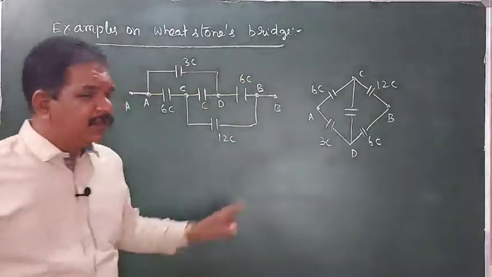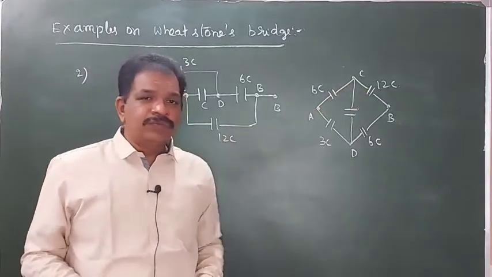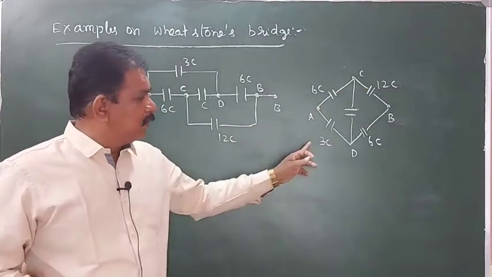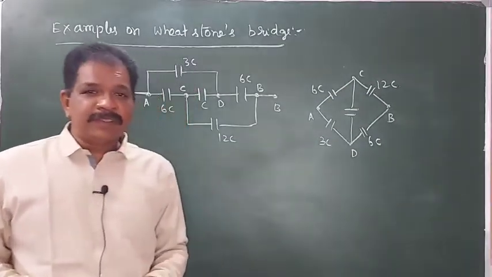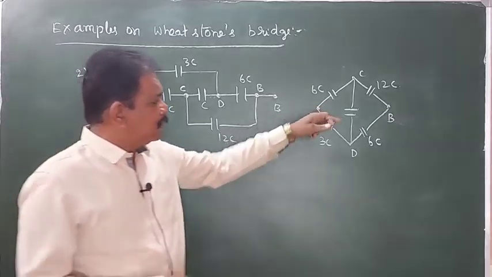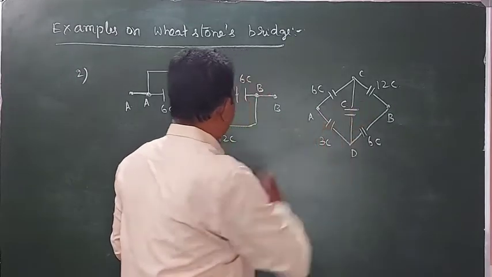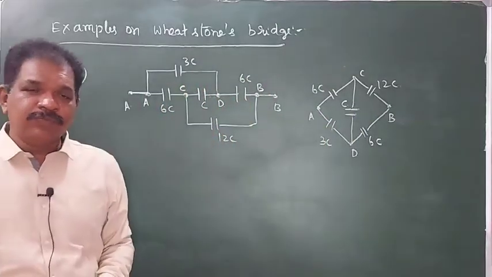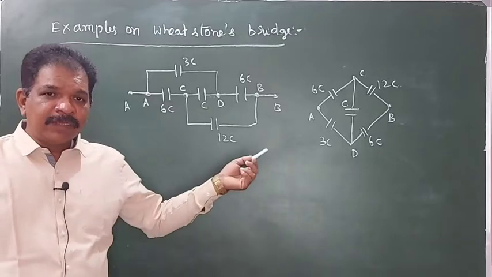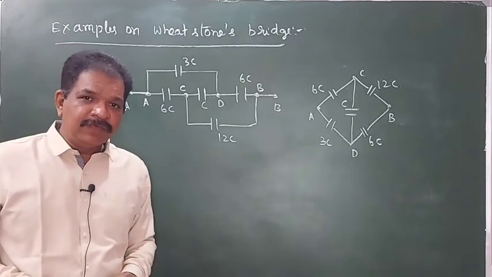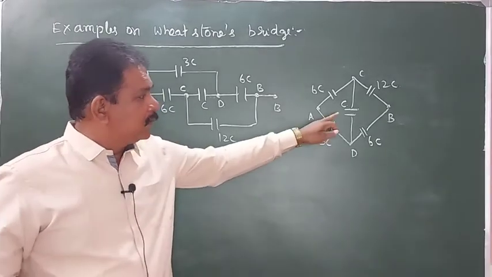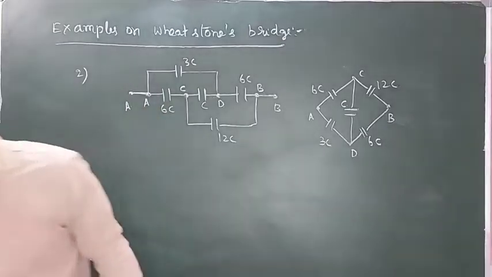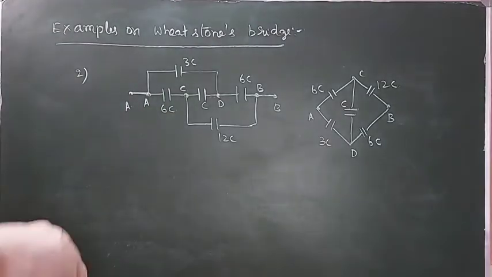You observe C1 by C2, 6C by 12C is equal to 3C by 6C. So this capacitor will be ineffective. Understanding? Because that is a balanced Wheatstone bridge. We can remove that one.